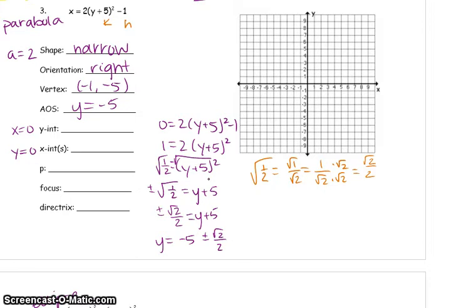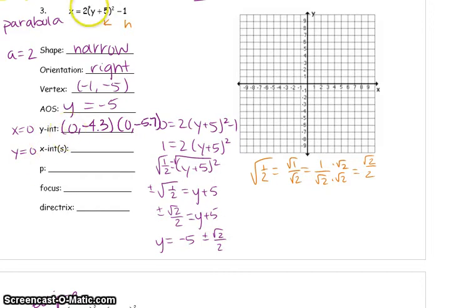When we plug that into our calculators, x is 0, so we get (0, negative 4.3) and then (0, negative 5.7). Okay, so I just plugged in negative 5 plus root 2 over 2 and negative 5 minus root 2 over 2.